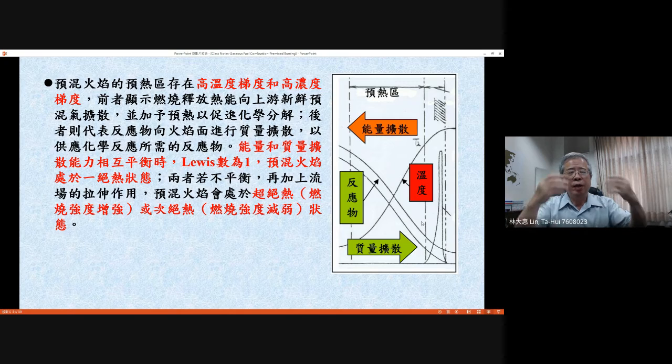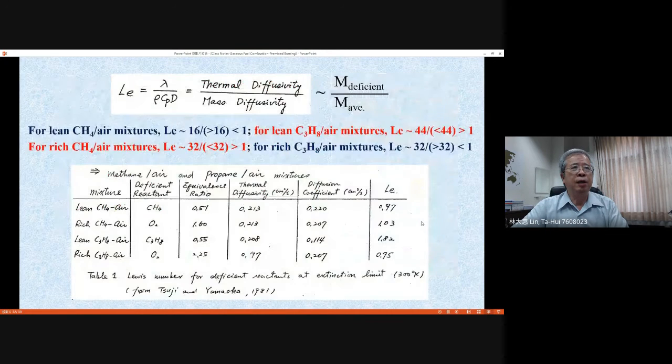When you think about the mass diffusion, which reactant is important? The deficient one is most important. When you think about how much fuel or oxygen should diffuse into your chemical reaction zone, the governing species is the deficient one.